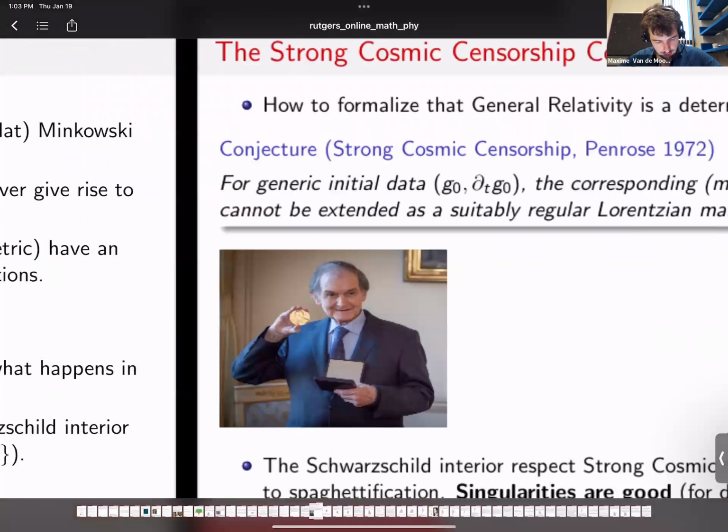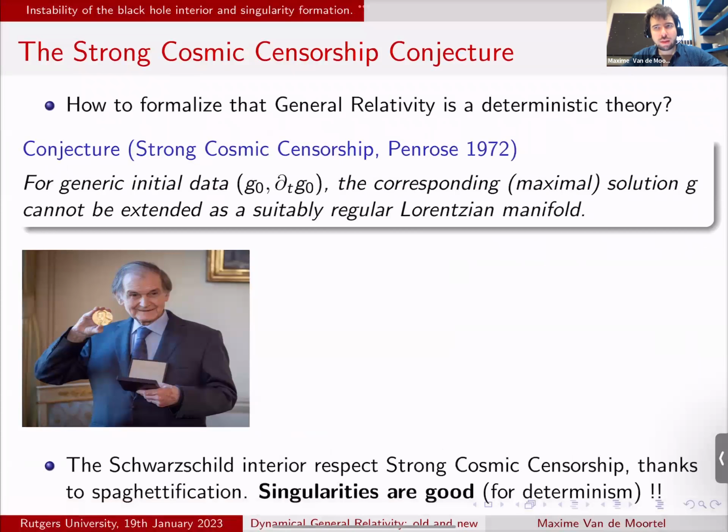So this is at the heart of another conjecture in the field, one of the biggest open problems, called the strong cosmic censorship conjecture, and I want to take a minute to explain. It is at the heart of the following question: how can we make sense of the fact that general relativity is a deterministic theory?